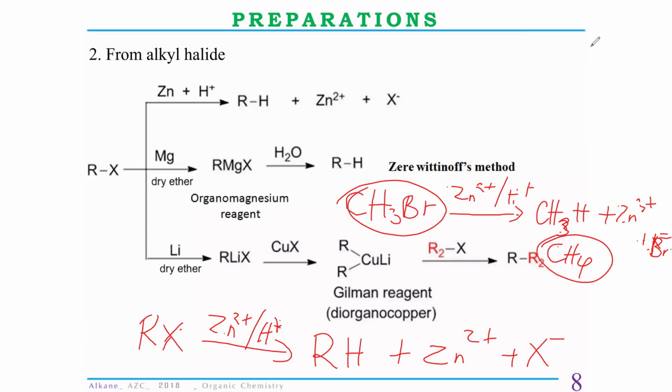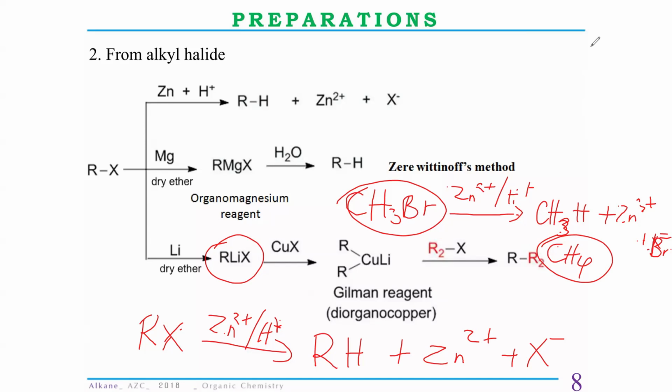And this is also another, like Grignard reagent, but in this case, we are using lithium in place of magnesium. This is the Gilman reagent. So that is why it's called a Gilman reagent.